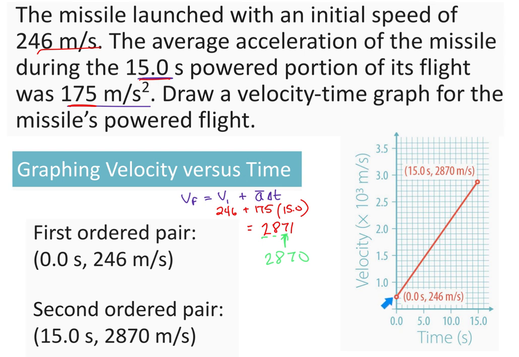This is my initial time, 0, and my initial velocity, 246. My ending time, 15. My ending velocity, 2,870. You could have written 1,000, 1,500, 2,000, 2,500. It would have been the same thing if you had made your units that way. They just wrote it in terms of thousands, all right? But that would be the graph of that.